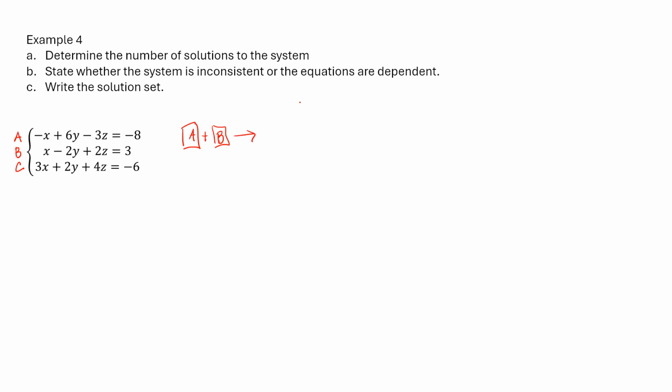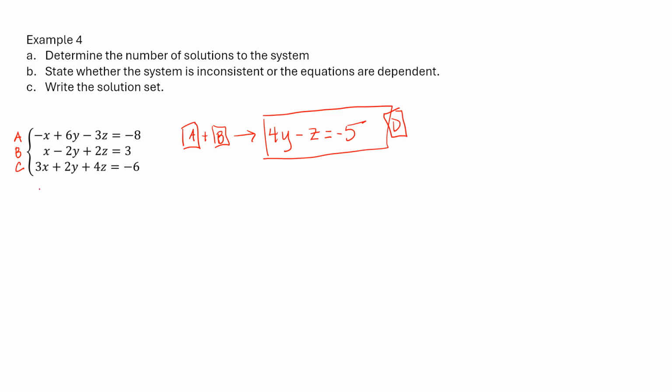So I get negative x plus x is 0x, and 6y minus 2y is 4y, and then negative 3z plus 2z is minus z, and negative 8 plus 3 is negative 5. So I have a new equation in two unknowns, y and z, and we'll call that equation D, just so I don't confuse you.